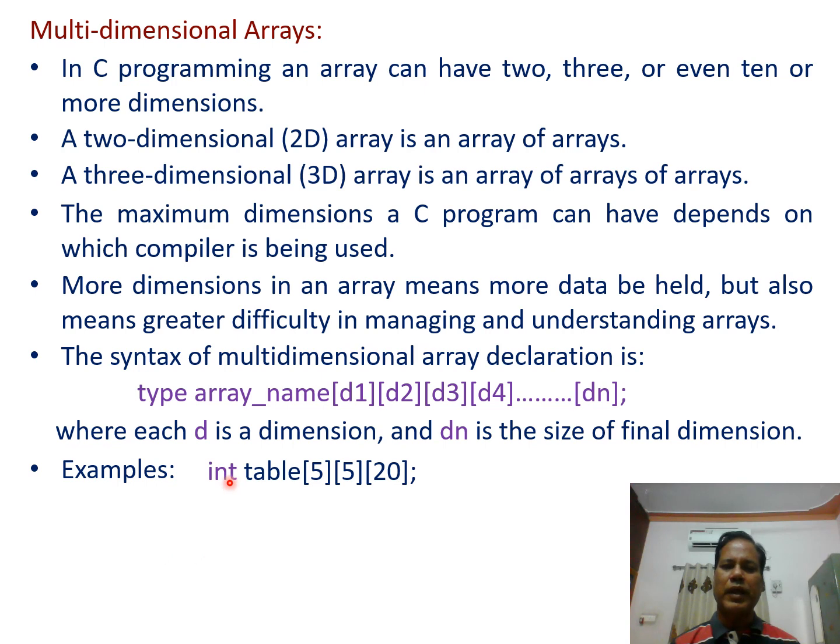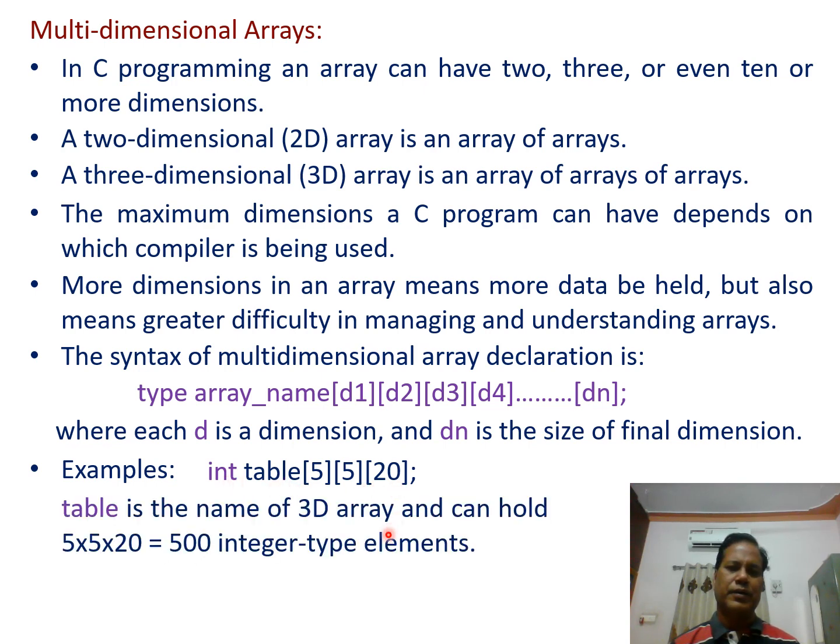Example: int table[5][5][20]; table is the name of a 3D array and can hold 5 into 5 into 20 equals 500 integer type elements.